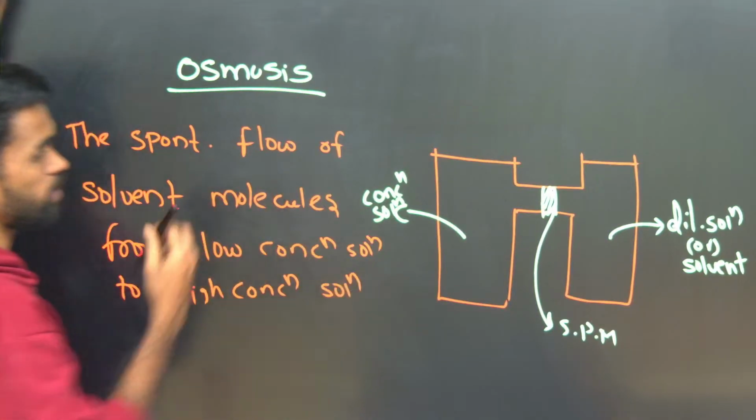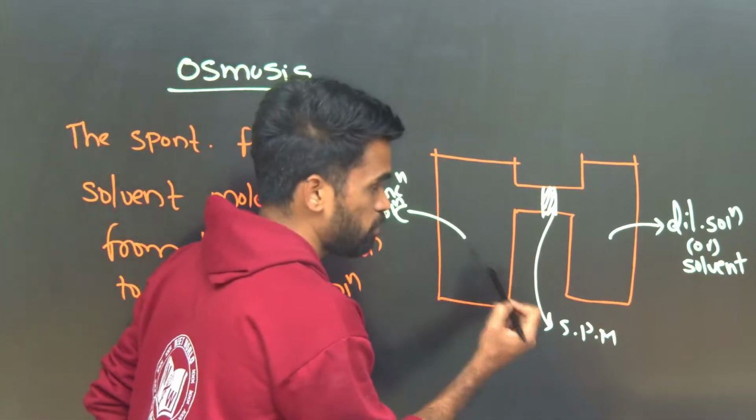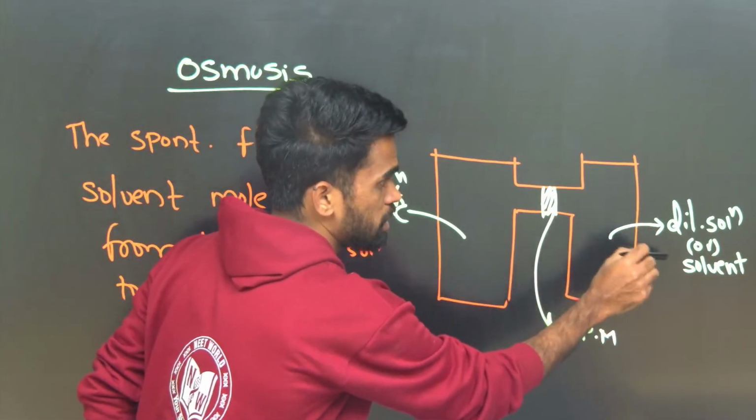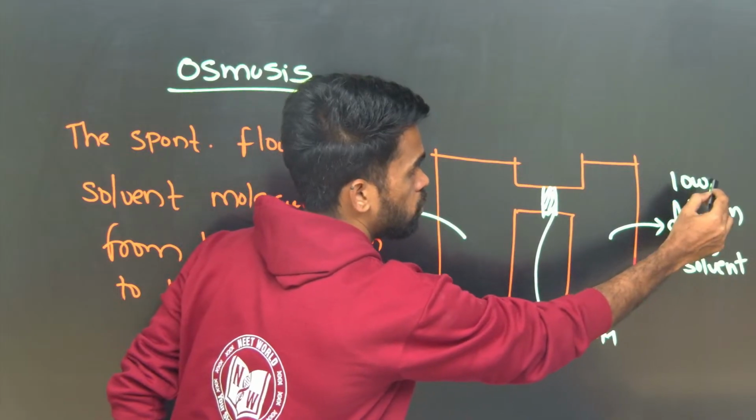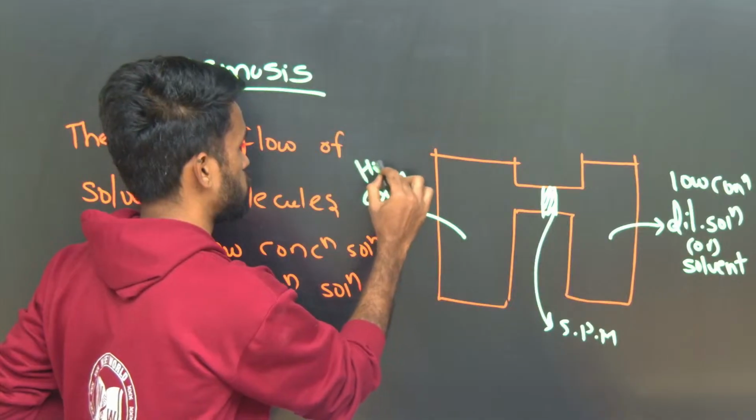So from where to where is it moving? This is the spontaneous flow of solvent molecules from low concentration, dilute, to this side, which is high concentration.